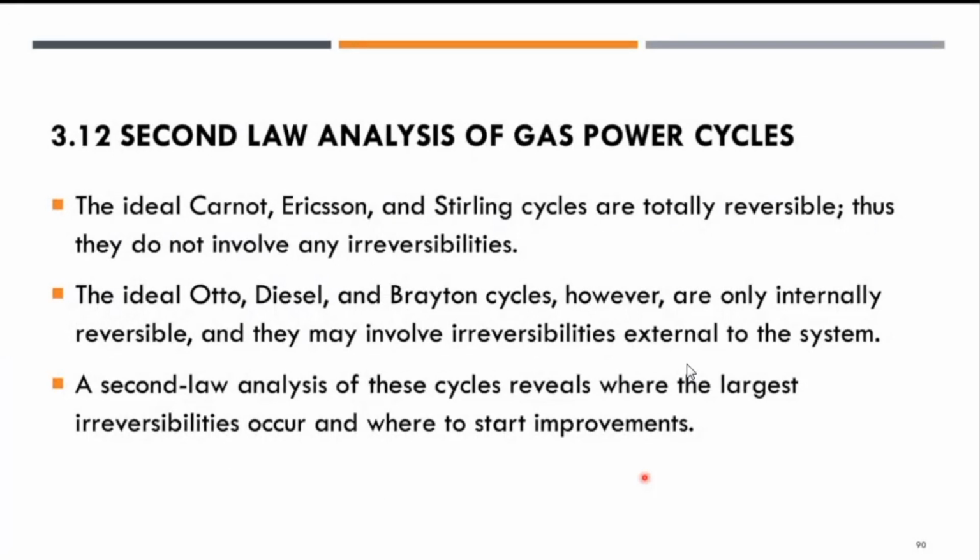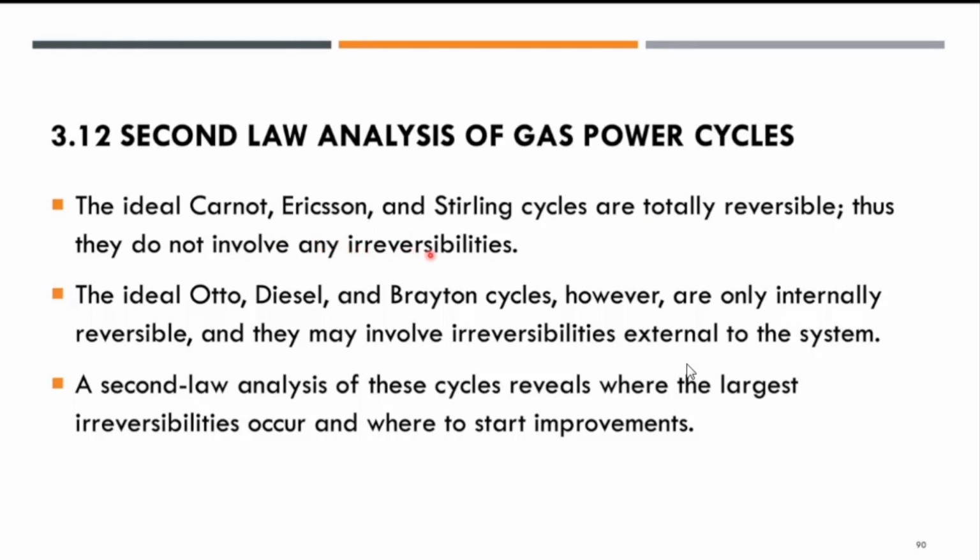So we have already looked into the Carnot cycle, Ericsson cycle, Stirling cycle, Otto, Diesel, and Brayton. We know that the Carnot, Ericsson, and Stirling cycles are totally reversible, and thus do not involve any irreversibilities.